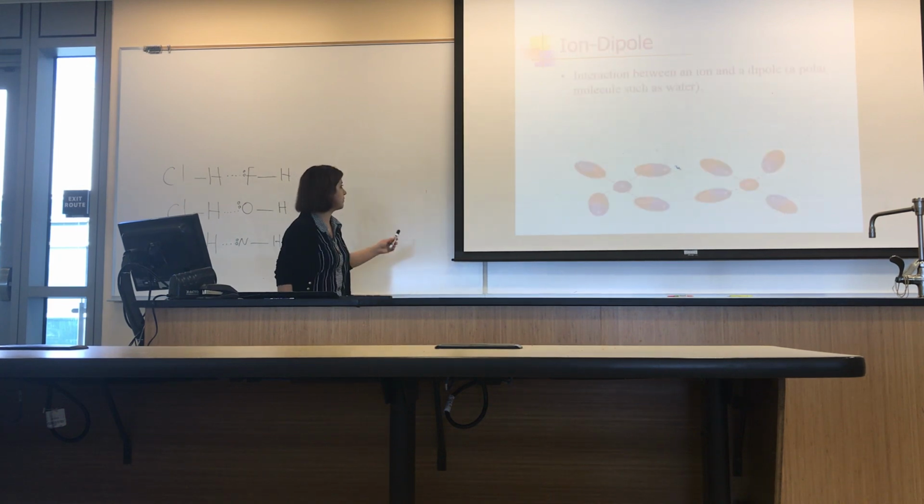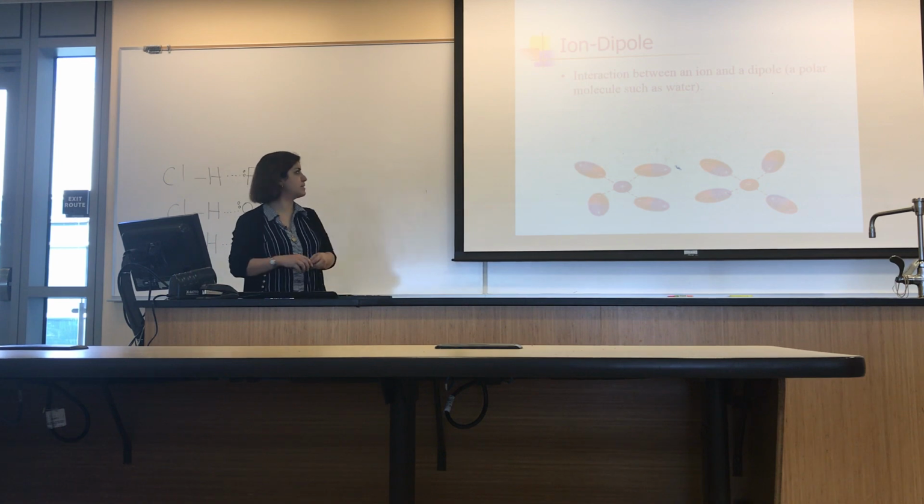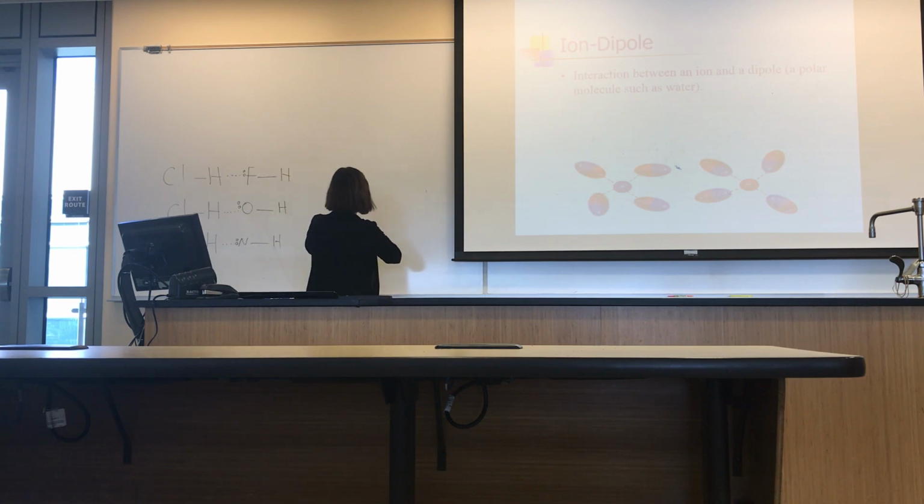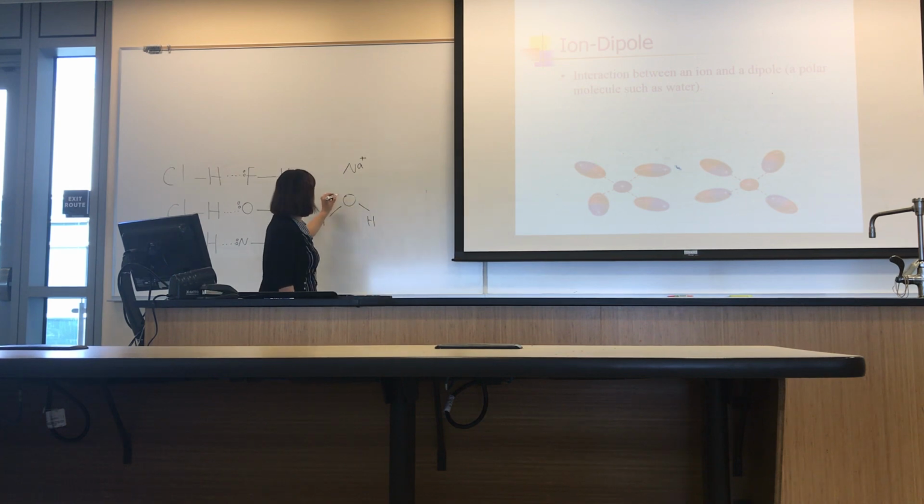What about ion-dipole? Ion-dipole happens between an ion, for example sodium, and a water molecule. So one should always be an ion, and the other one should be a polar molecule. You can see that there is attraction between them.